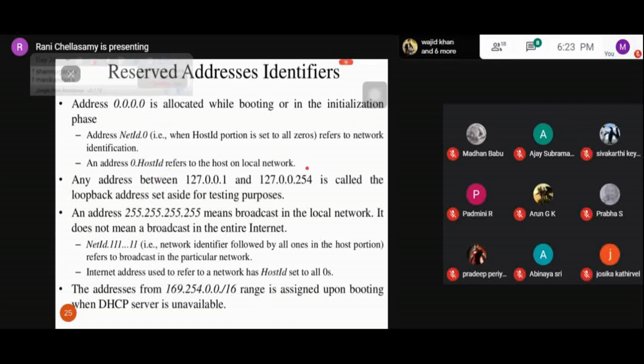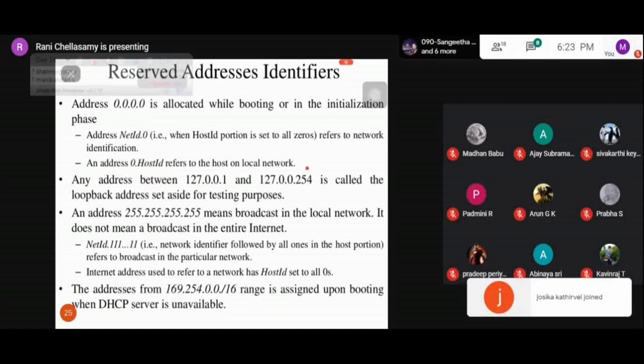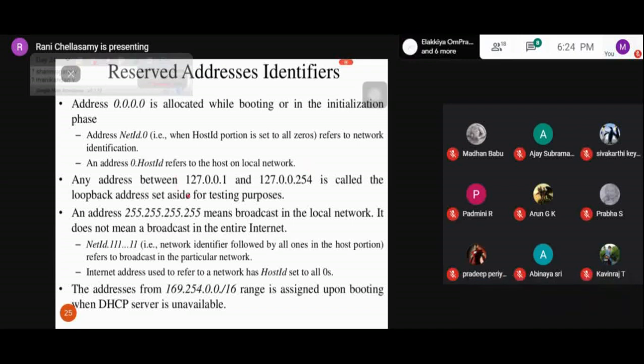One more important point: the addresses from 127.0.0.1 up to 127.0.0.254 are called loopback addresses. 127 is used for loopback and for testing purposes.